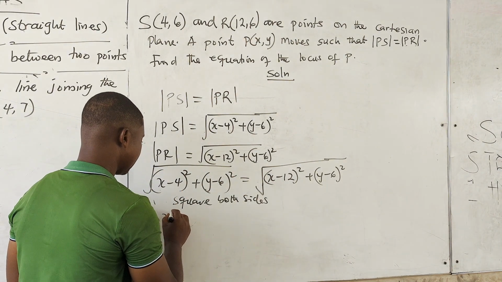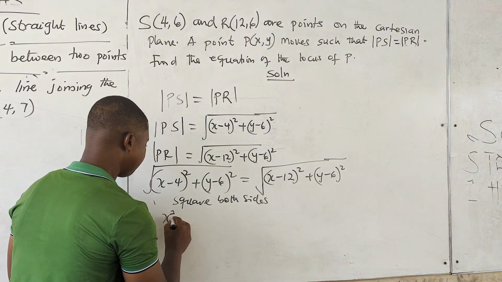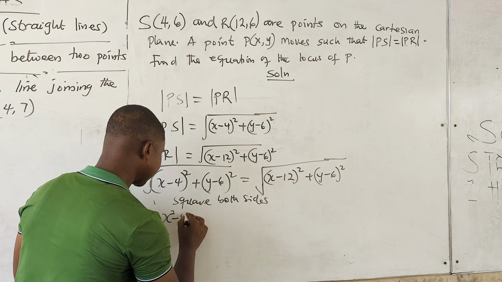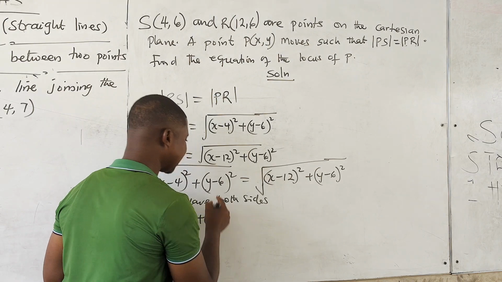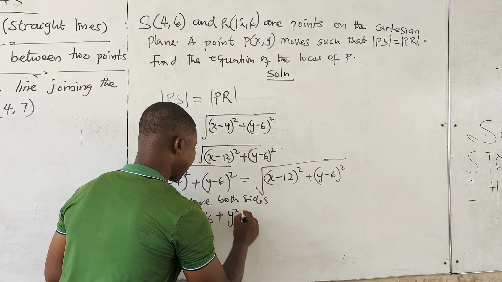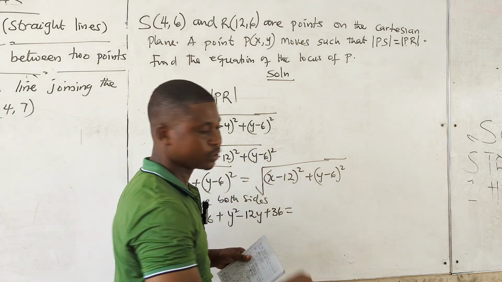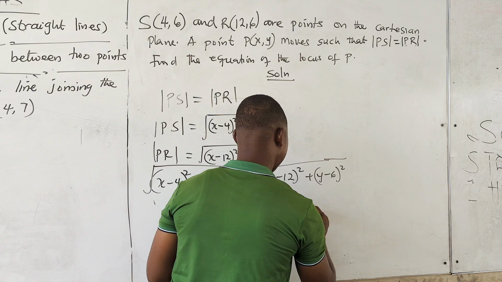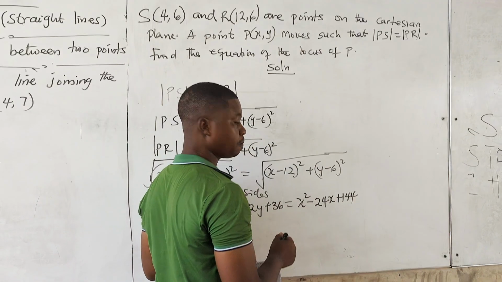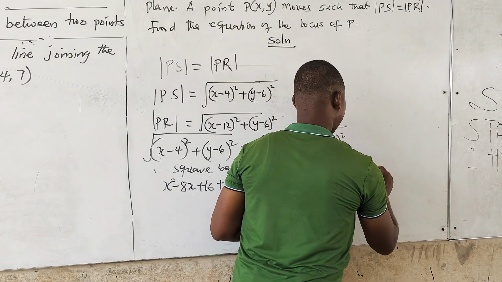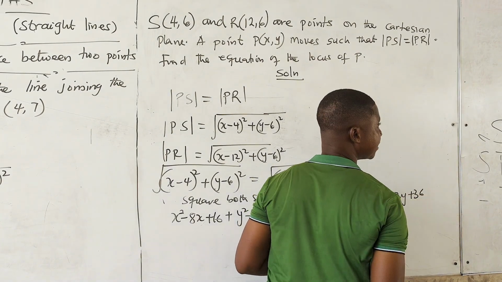Then we can open this side: (x minus 4)(x minus 4) gives x squared minus 8x plus 16, plus y squared minus 12y plus 36, is equal to, when you open the other side, x squared minus 24x plus 144, since 12 squared is 144, plus y squared minus 12y plus 36.